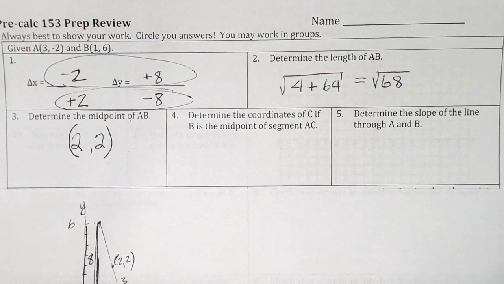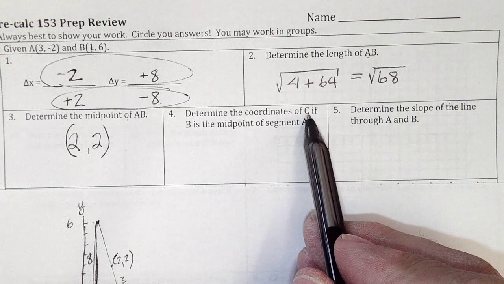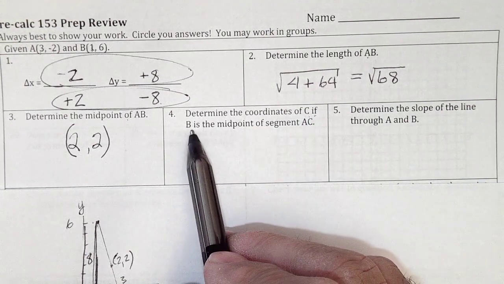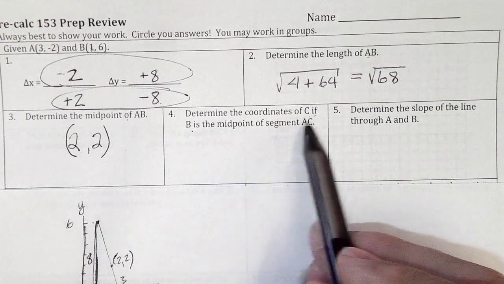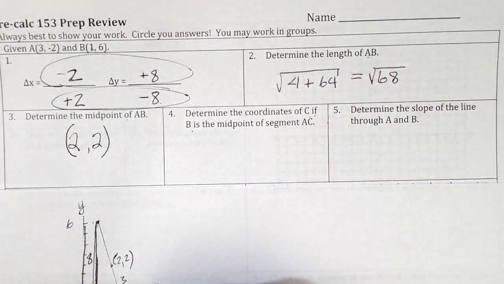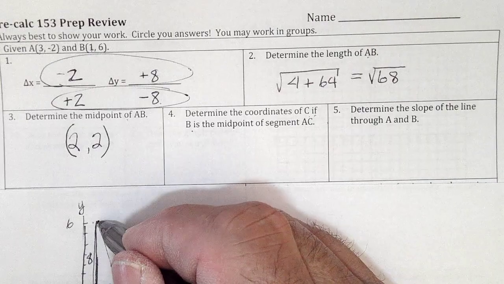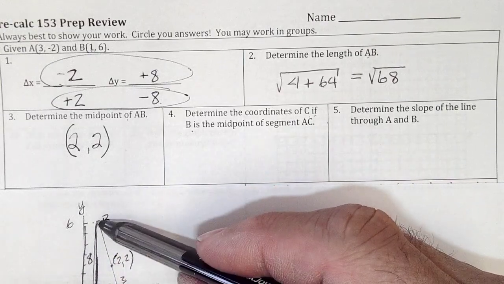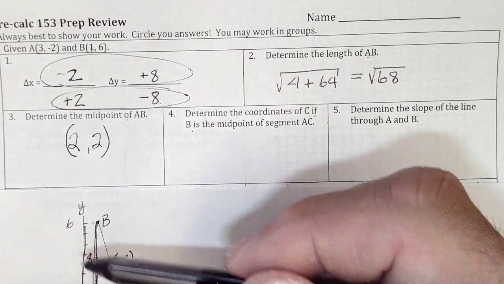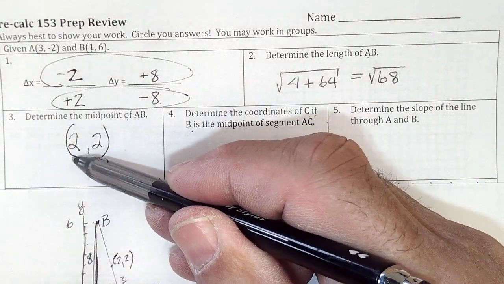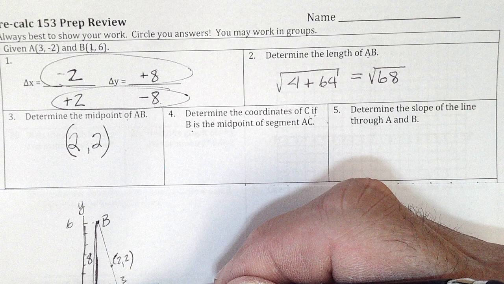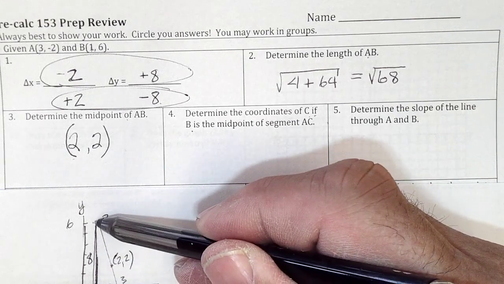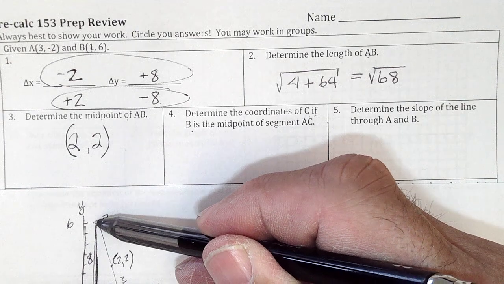Determine the coordinates of C if B is the midpoint of A to C. This was A, this is B, and B is halfway between A and C, so C must be up here. And if it's halfway, we go back 2 and up 8 to get to B, the halfway point.